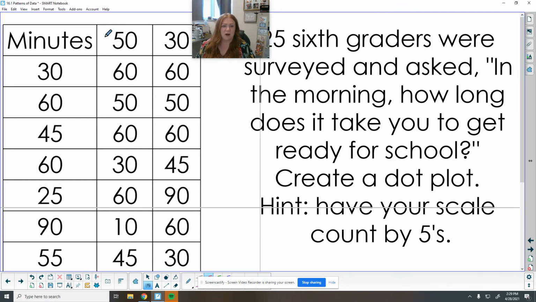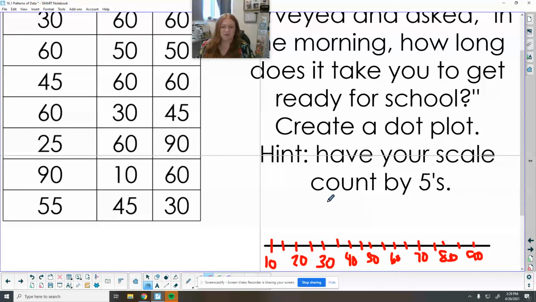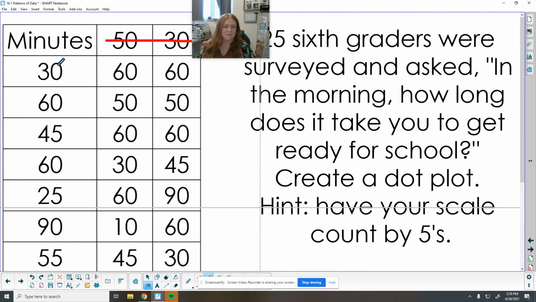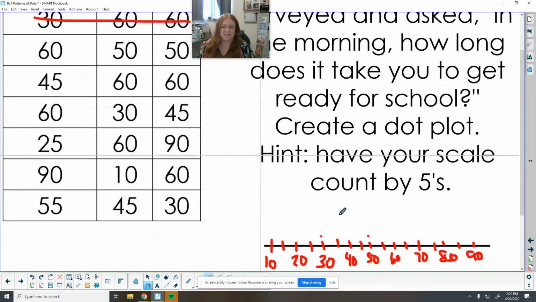I'm going to start with these at the top. So we've got 50 and 30. So here's 50 and 30, 60, 60, 60, 50, 50, 60, 50, 50, 45, 60, 60, 60, 30, 45.